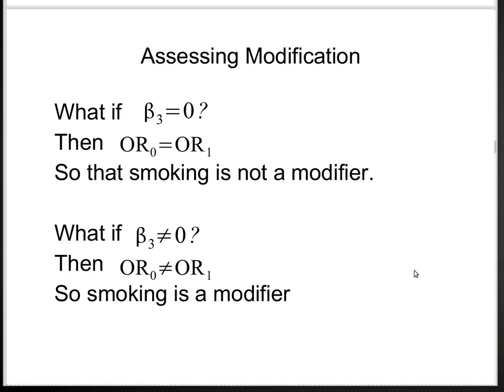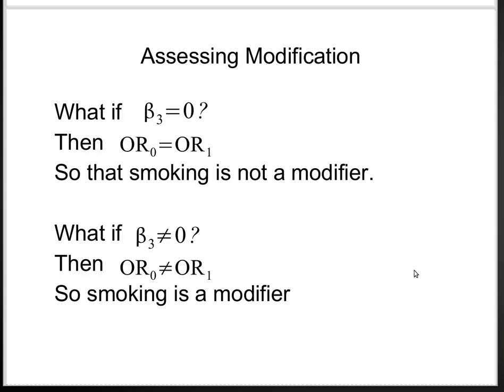So, let's go back and assess modification like we did in the previous classes. What do we know about this particular situation if beta 3 is 0? Beta 3 is 0. That says that the two odds ratios are the same.